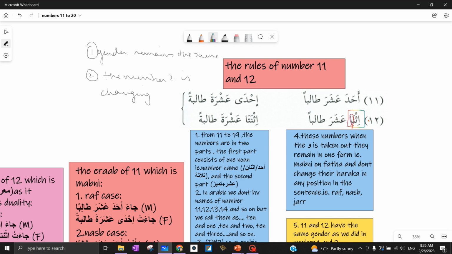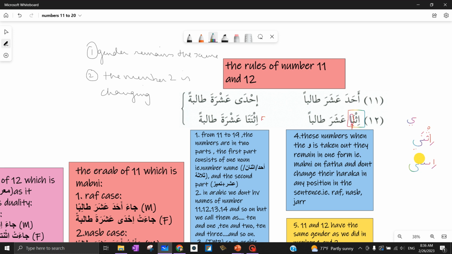And mansoob and majroor, how are they known? By the letter ya. So in the case of mansoob and majroor, the number name will be ithnay. And in the feminine number, what will it be?